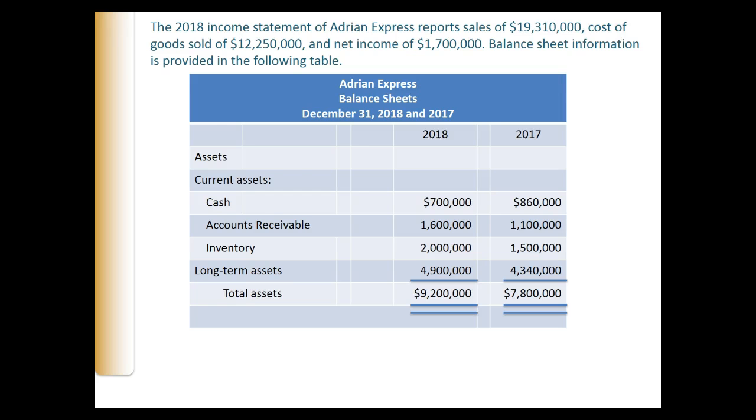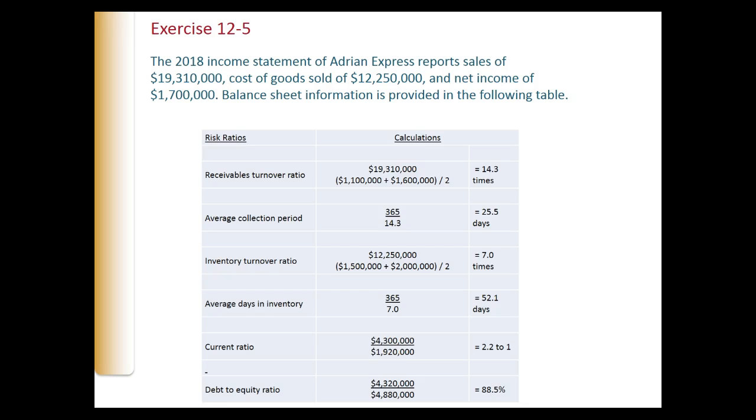Take that, divide that by 2 to come up with an average inventory balance, to show inventory turnover of 7 times. To figure out the average days in inventory, you take the 365, divide that by the inventory turnover ratio to come up with the 52.1 days.